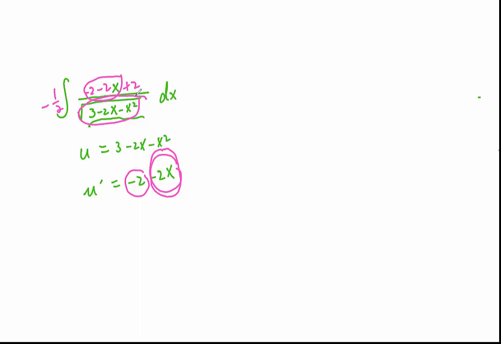Very similar problem. I think we have 2 plus 2x. So I still have trouble finishing because I still have this 2 here that needs to be finished: 2 over the square root of 3 minus 2x minus x squared dx.